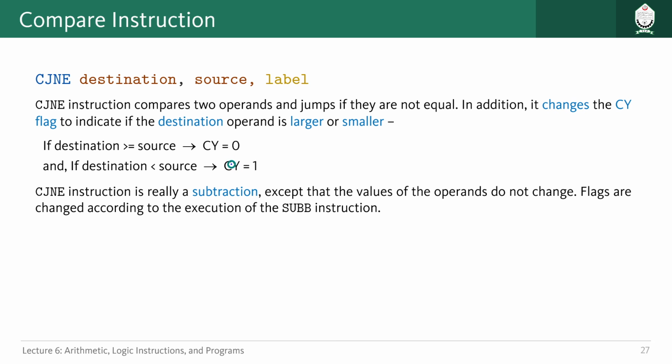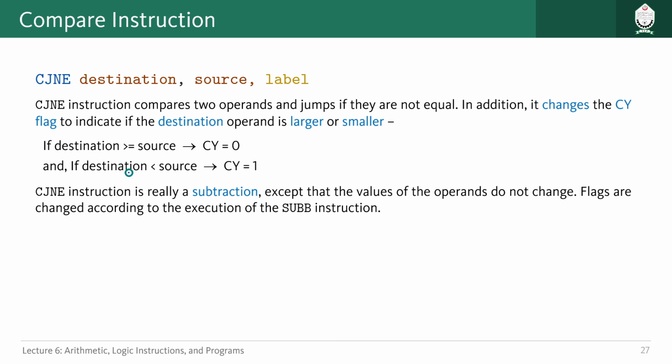What you have to understand is that this particular instruction does that with the help of subtraction. The value we get in the carry flag is with the help of subtraction. Whenever we subtract the source from the destination, if the destination is larger than the source, the carry flag should be 0 to indicate borrow is equal to 0.